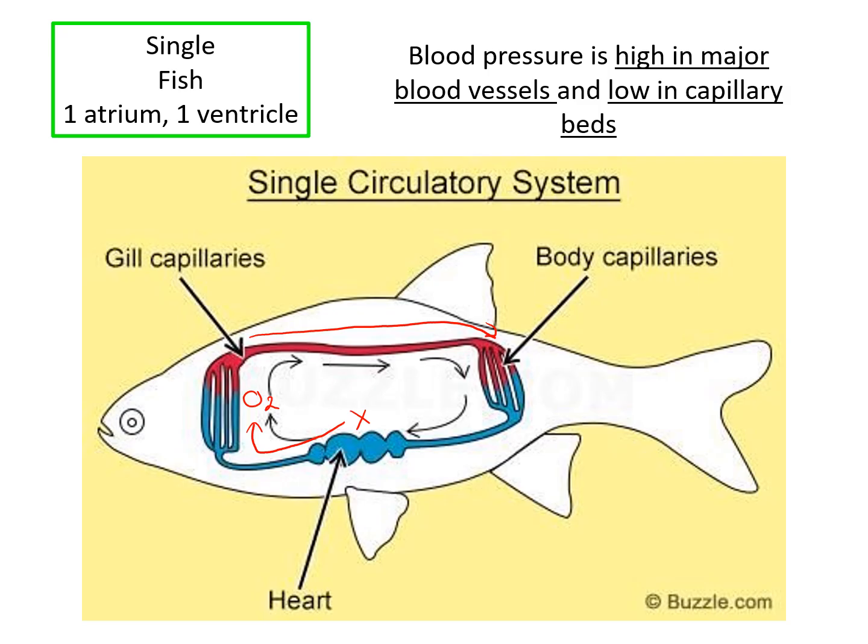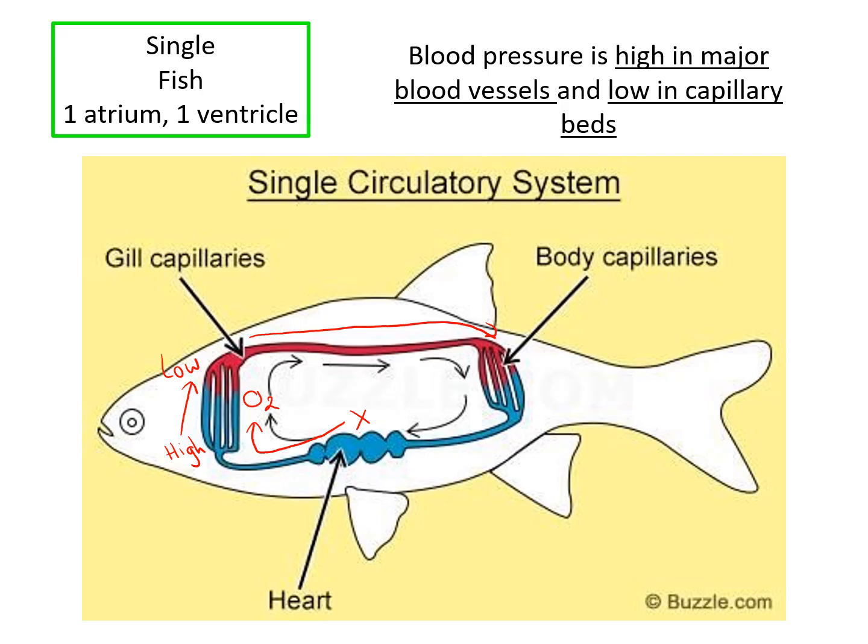The heart is pumping the blood at high pressure towards the gill capillaries, and as the blood is squeezed through the tiny blood vessels, the pressure is going to drop. Now what that means is the blood is going to be moving much more slowly towards the body capillaries and at this much lower pressure. And as a result, we're going to be delivering oxygen a lot more slowly and a lot less efficiently than what we would in the complete circulatory systems.